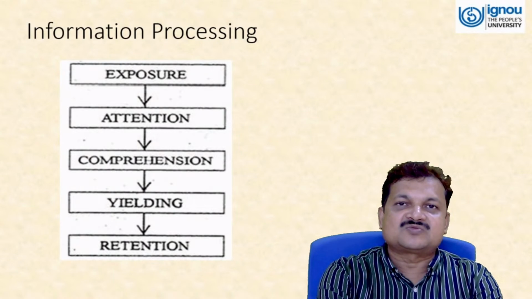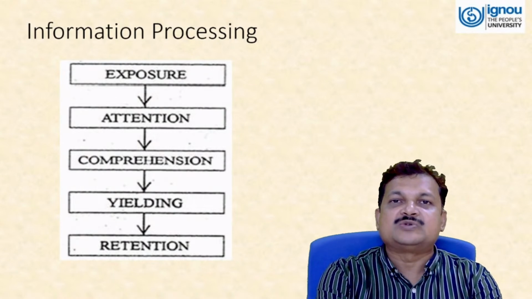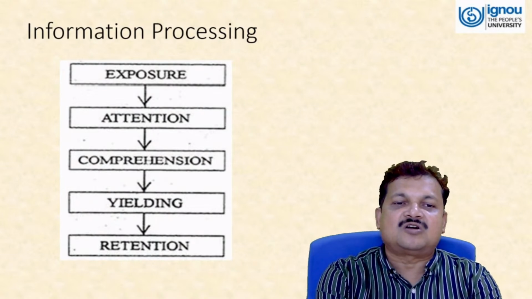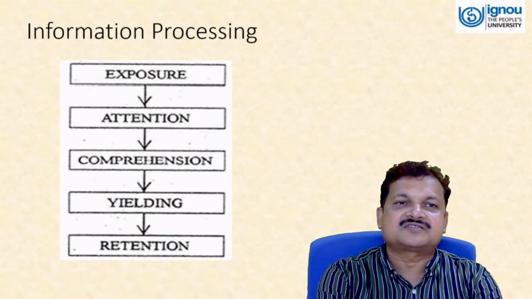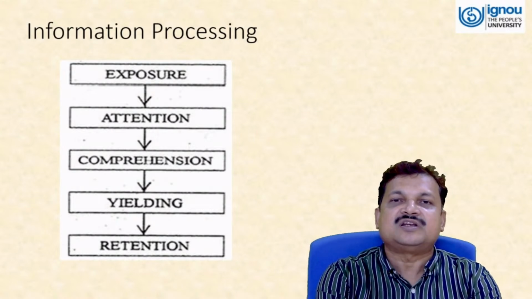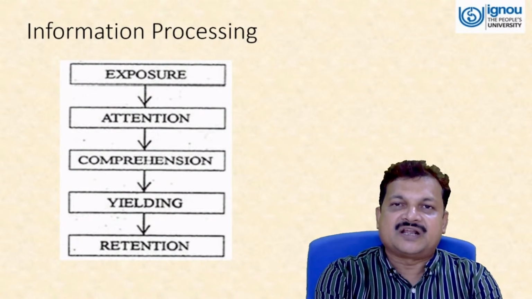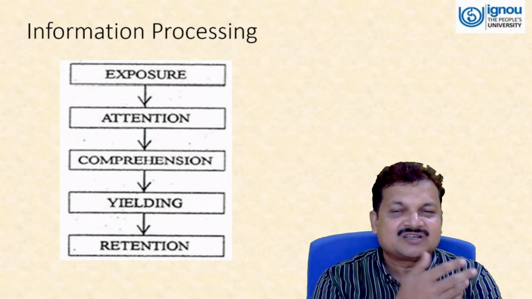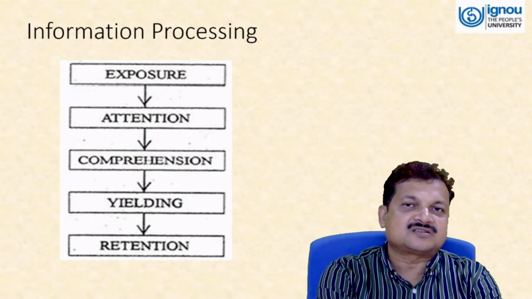So yielding, what is it? It comes out with the conclusion that this is a good product or a bad product. Whether they are going to purchase or not depends on the latter stage, but in the information stage, this is only happening in your brain. Then there is retention. You keep it in short term memory, or you keep it as long term memory.